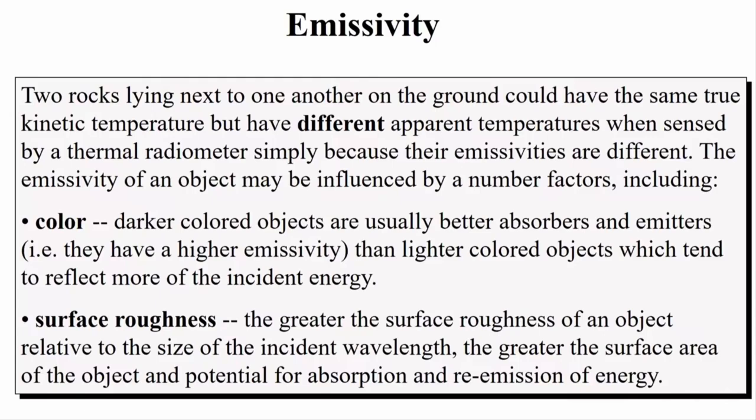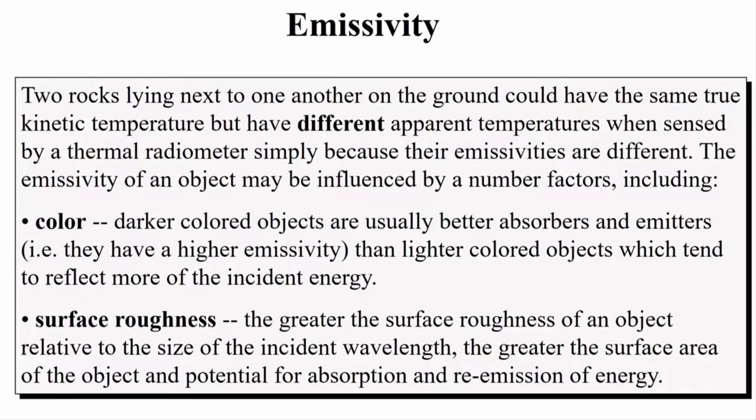Now, two rocks lying next to one another on the ground could have the same true kinetic temperature but different apparent temperatures when sensed by a thermal radiometer, simply because their emissivities are different. This is the example we saw in the previous slides. The emissivity of an object may be influenced by a number of factors, and those factors include color.